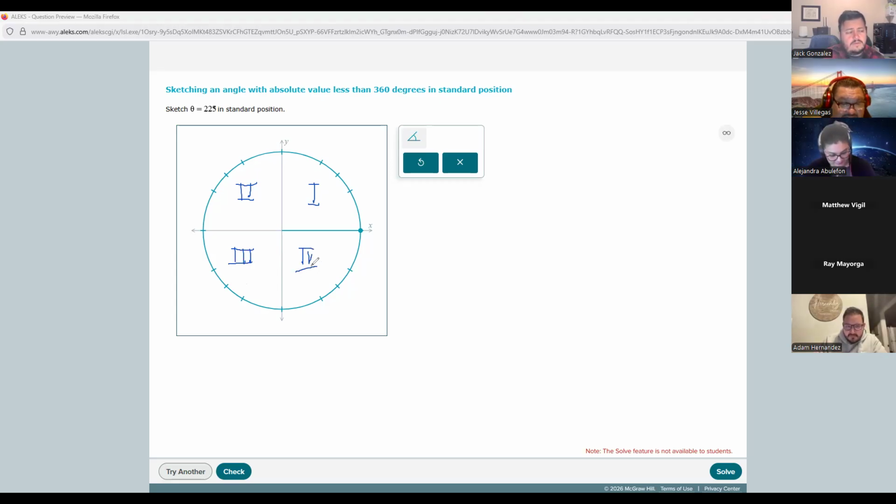They might ask you, hey, where is this angle at? Quadrant 1, 2, or 3? Whatever. 225 degrees, which is what this question is asking for, would be in which quadrant? If you open your PDF, it's going to be 3, isn't it, over here? Yep. Yes, 3.